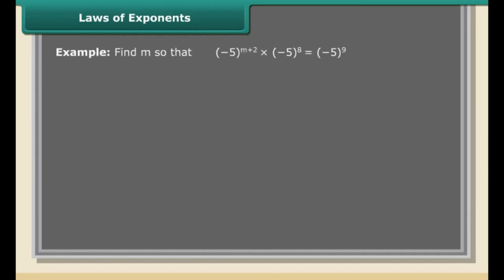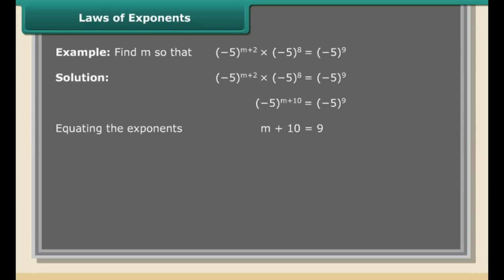Example. Find m so that (-5)^(m+2) × (-5)^8 is equal to (-5)^9. Solution. (-5)^(m+2) × (-5)^8 is equal to (-5)^9. So (-5)^(m+10) is equal to (-5)^9.